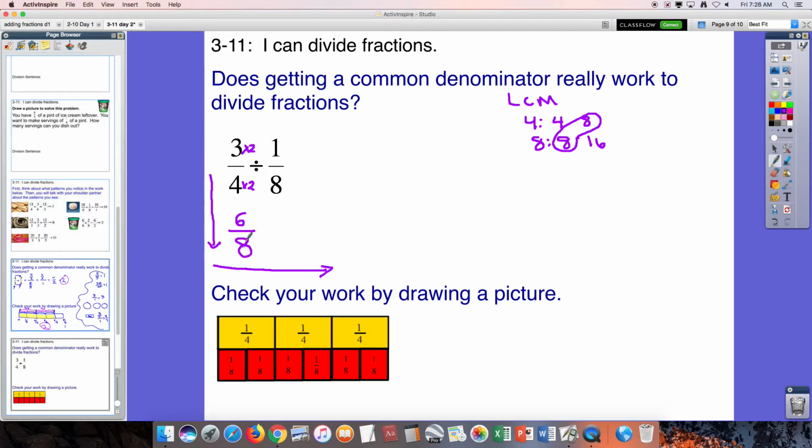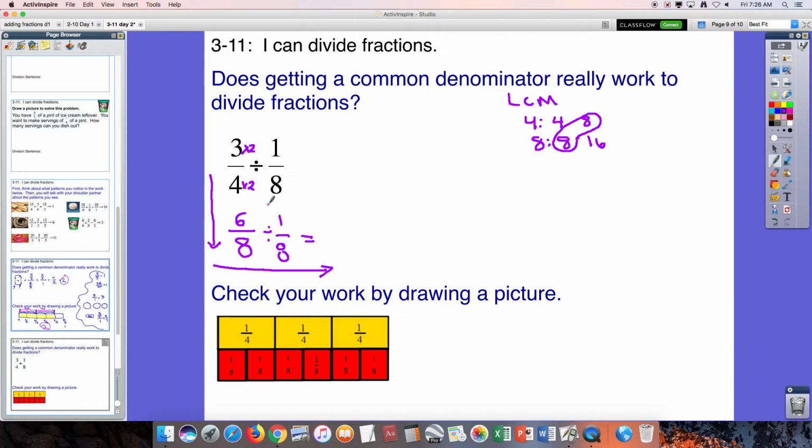So there is my common denominator, divided by 1/8. And then I'm going to go that way, just like I showed you before. So we're going to go over, and we're going to do the next step.